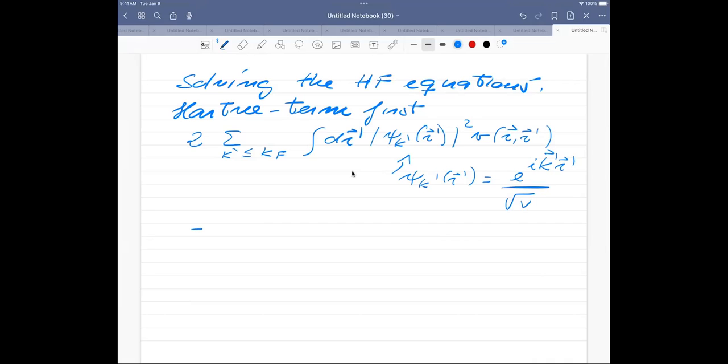So this becomes equal to 2 divided by the volume, and then I have a sum over k less than k_F, and then I have my d of r of e squared, because I'm plugging in the Coulomb interaction here, divided by r minus r prime here.